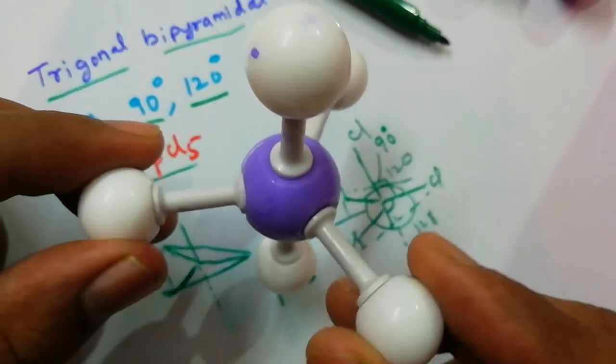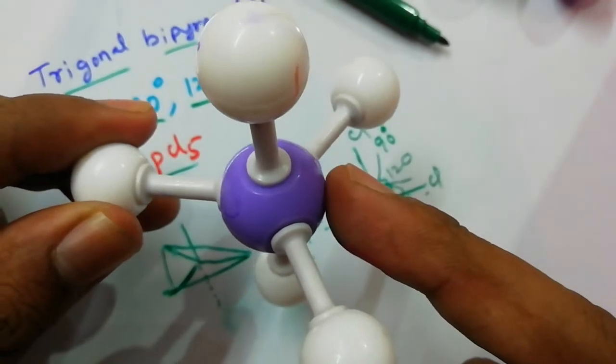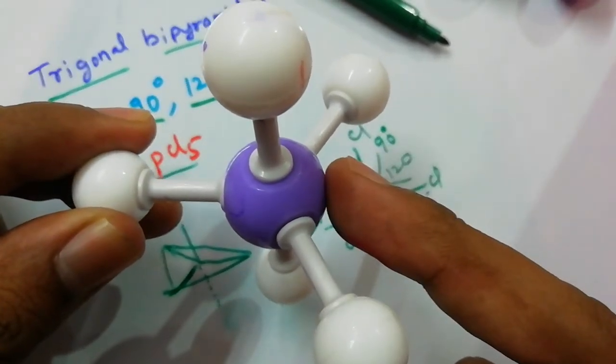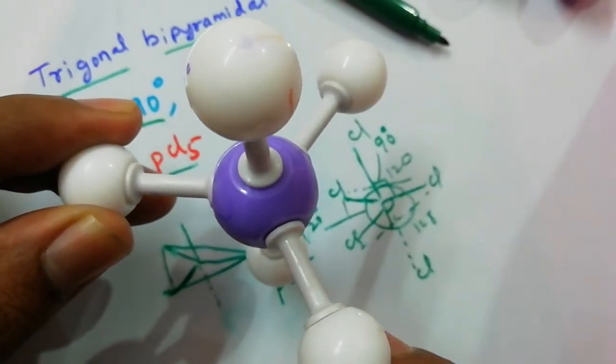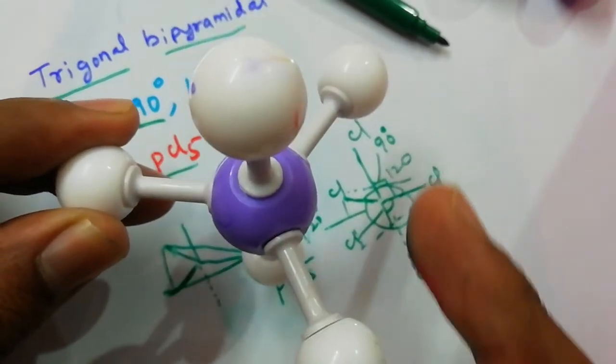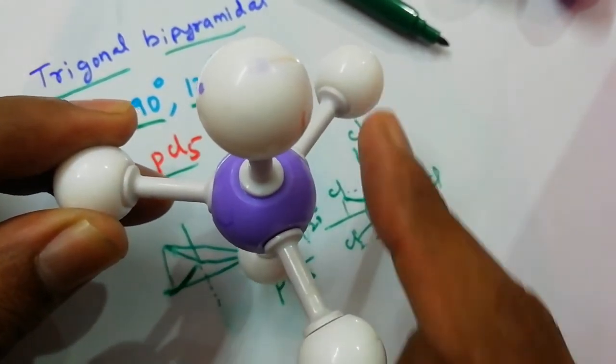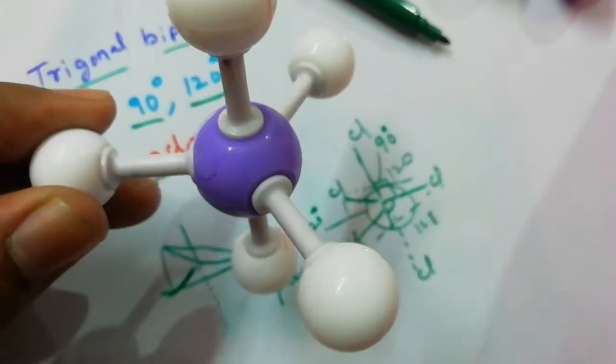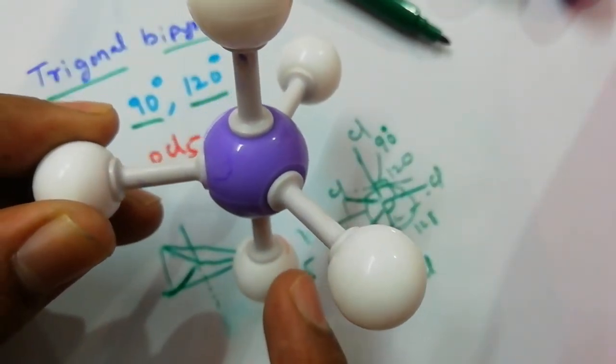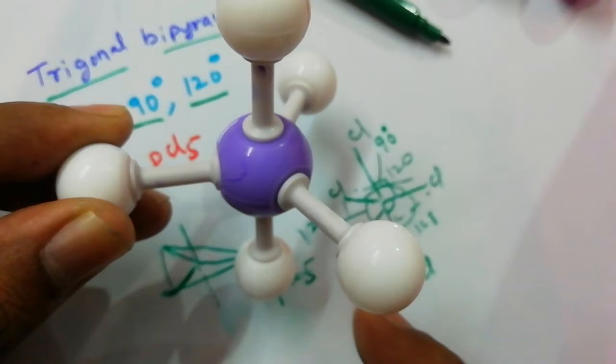See, in this molecule the central blue one is a phosphorus atom and these three are chlorine atoms. These three are in the plane, and this chlorine atom and this chlorine atom are above and below the plane.